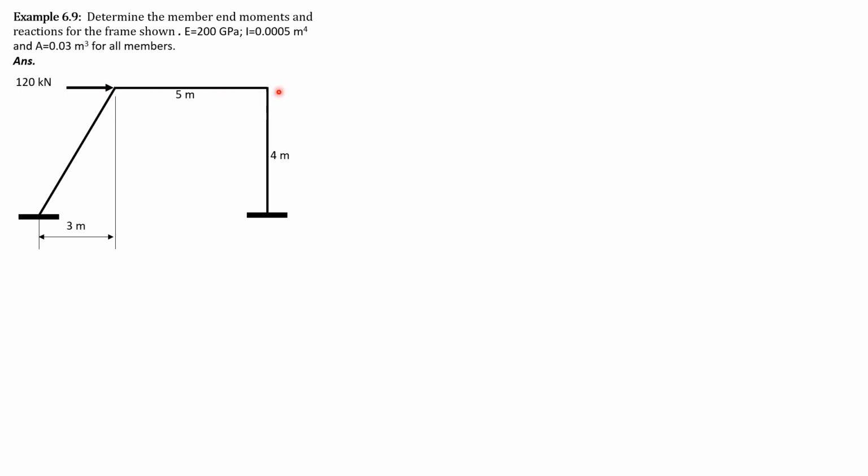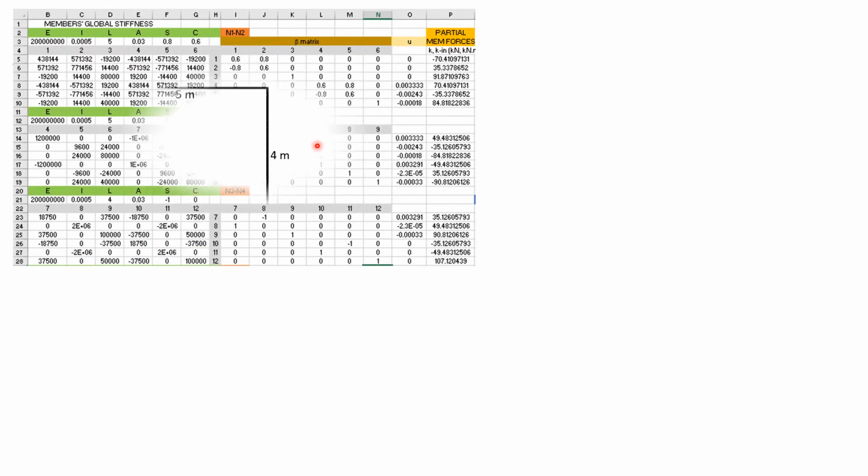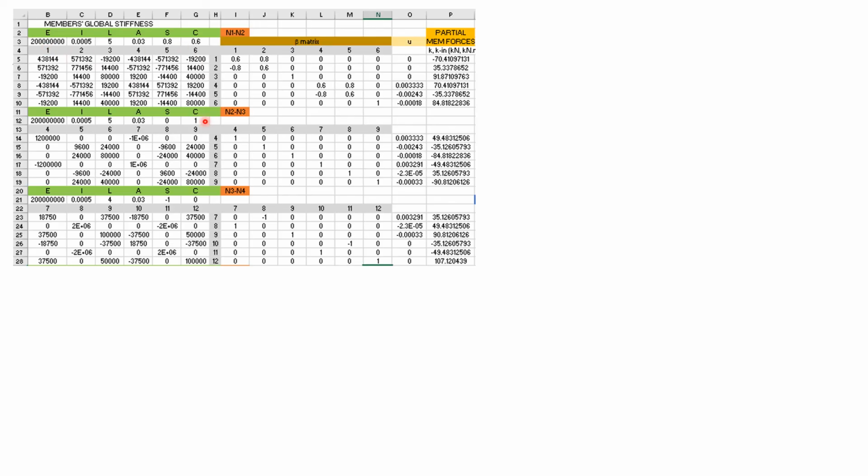The reduced stiffness matrix is again 6 by 6, because at node 2 we have three unknown global displacements, as well as at node 3. So that makes 6 by 6. For the individual matrices, there are also three members.